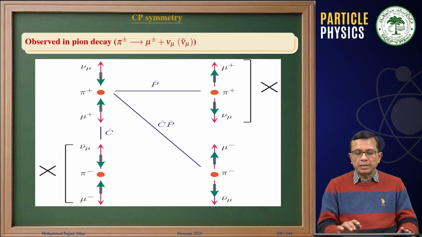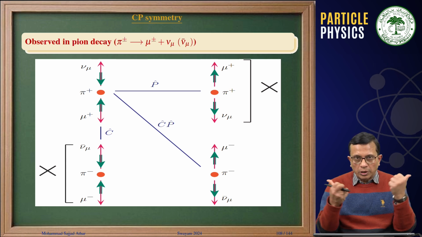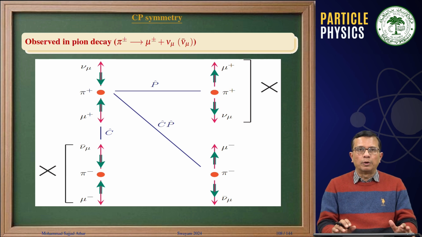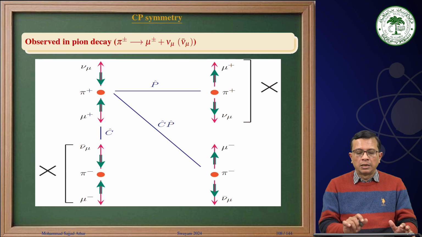And what we had discussed is that pion is a spinless particle, and since this decay is taking place at rest, therefore muon and neutrino have to move in exactly opposite directions to conserve momentum, and to conserve spin, the angular momentum of these two particles should also be directed in the opposite direction.